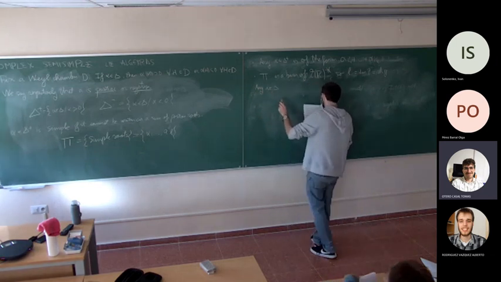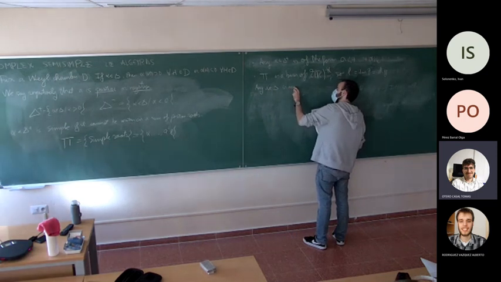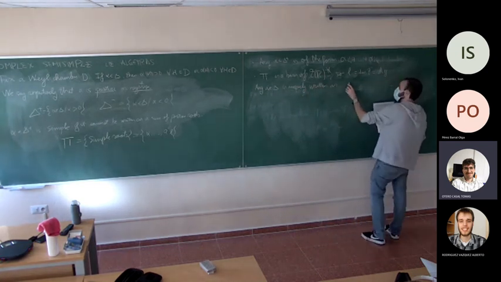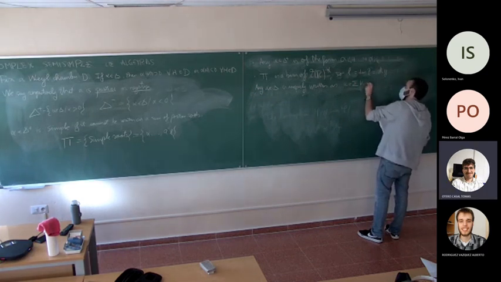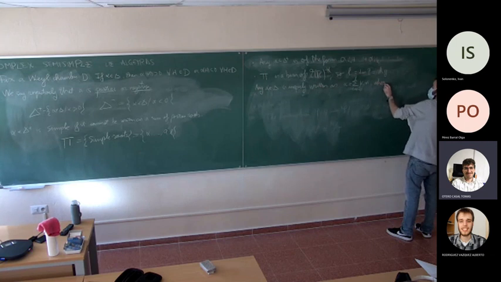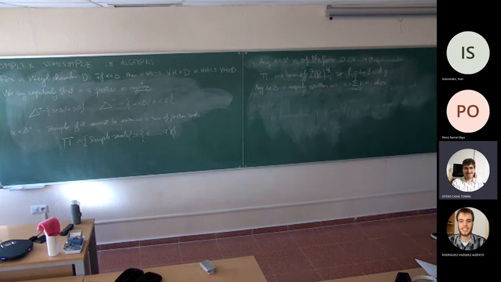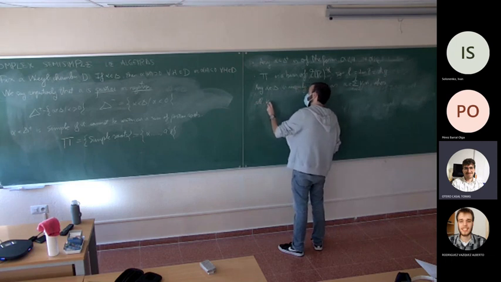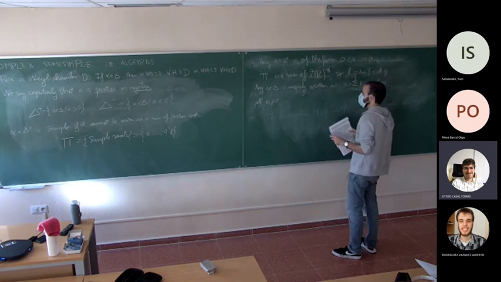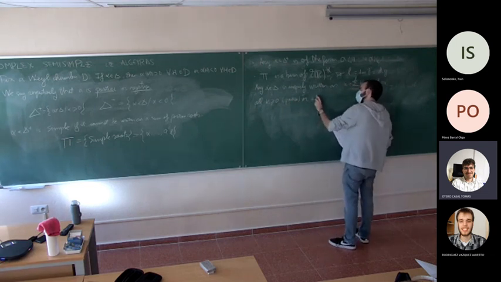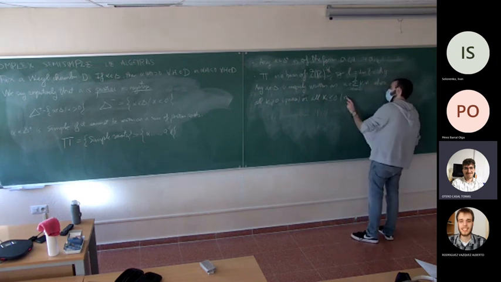Any element of the root system can be written as an integer combination of the simple roots, where, as I said, the ki are integers, but either all of them are greater or equal to 0, or all of them are less or equal to 0, where all ki are non-negative, which is the case of positive roots, or all ki are less or equal to 0 in the case of a negative root.